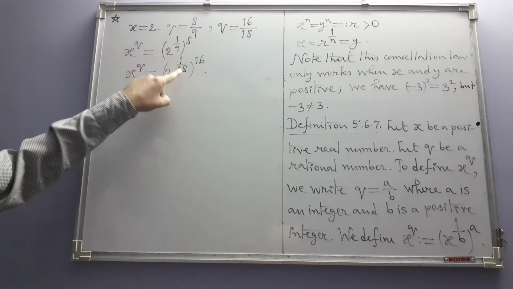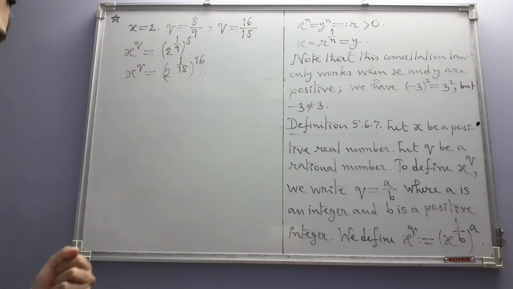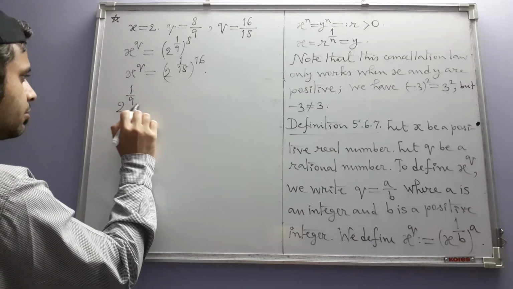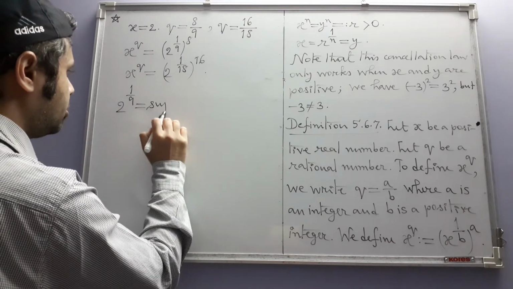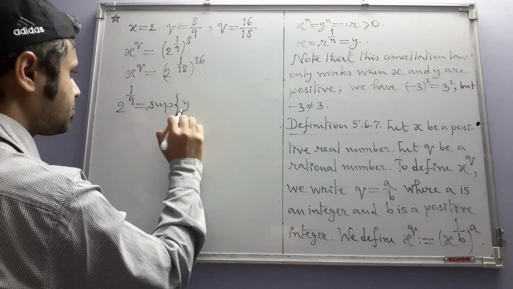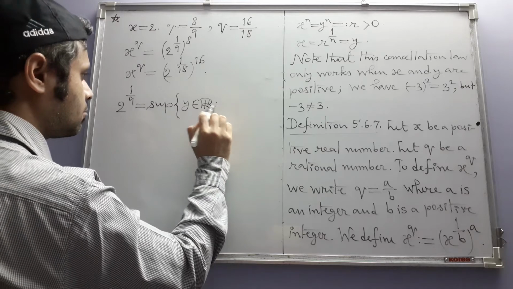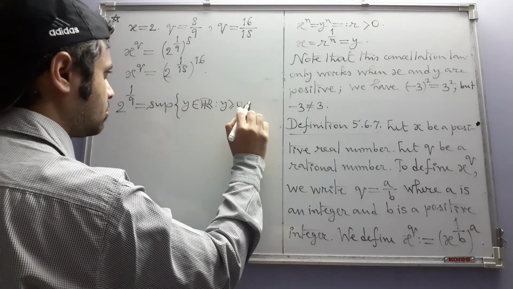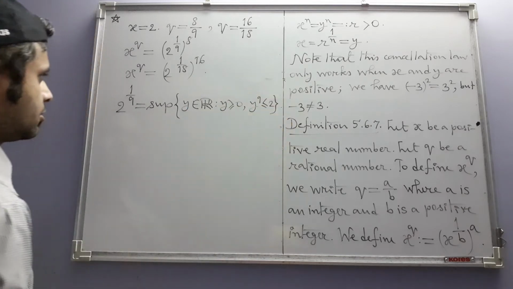If we look at these numbers and think of how one can calculate these things, for example, if one actually writes this thing using the definition of the 9th root, it is going to be this: y to the power 9 is less than or equal to 2.